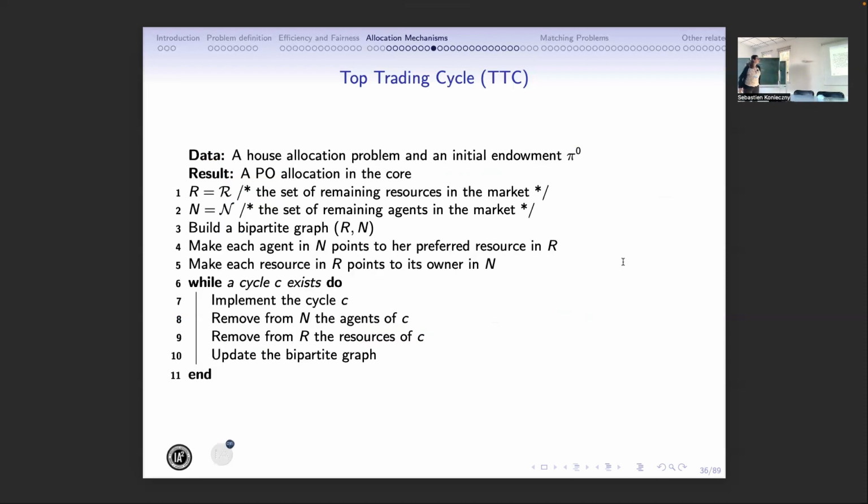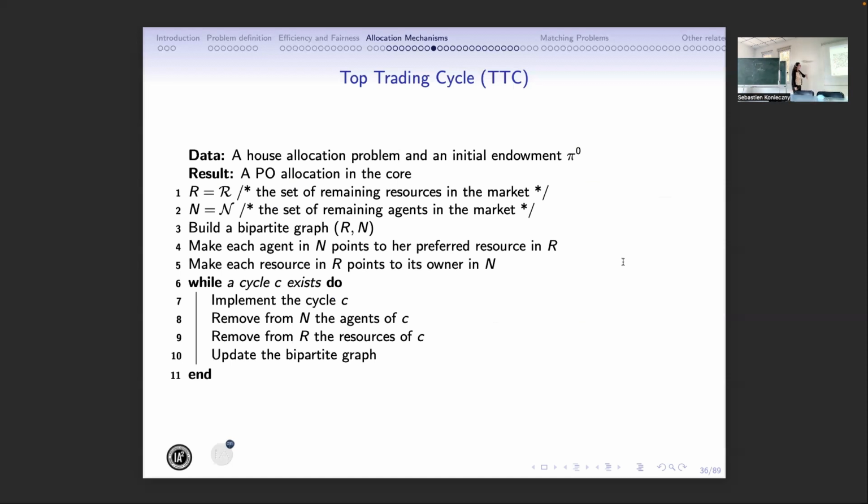So how does it work? In fact, we will build a bipartite graph where on one side we have the set of remaining resources in the market. Initially we have all the resources in the market. And on the other side of the bipartite graph, we have the set of agents in the market.